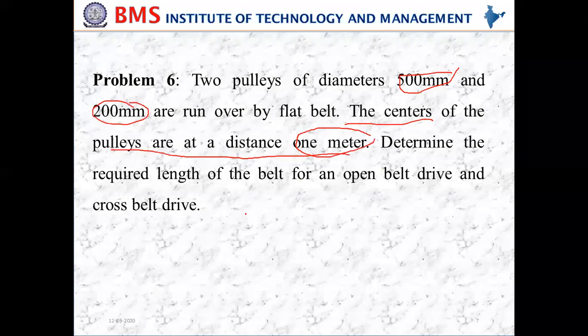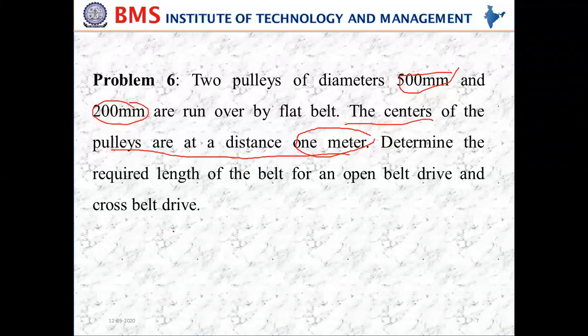So we know that the length of the open belt is equal to pi into R1 plus R2 plus 2 into x plus R1 minus R2 whole square by x. This is the equation we have derived, and use that equation to find out the length of the belt for open belt drive.